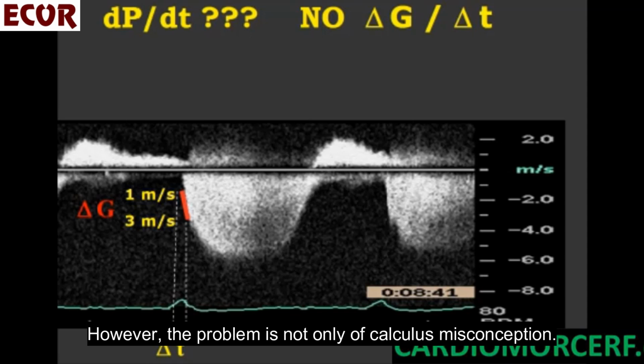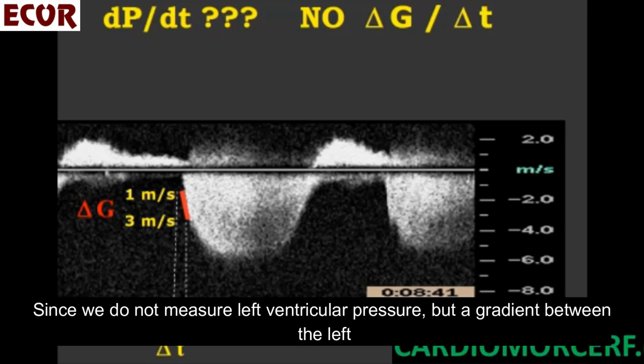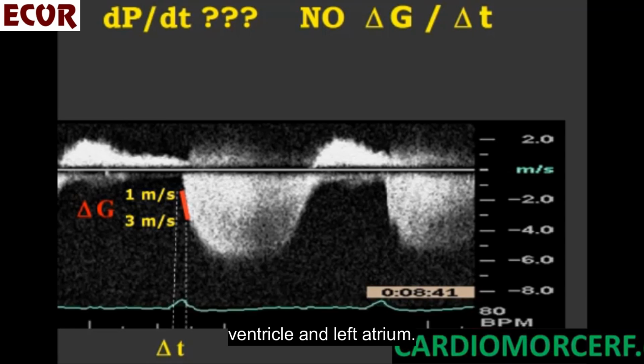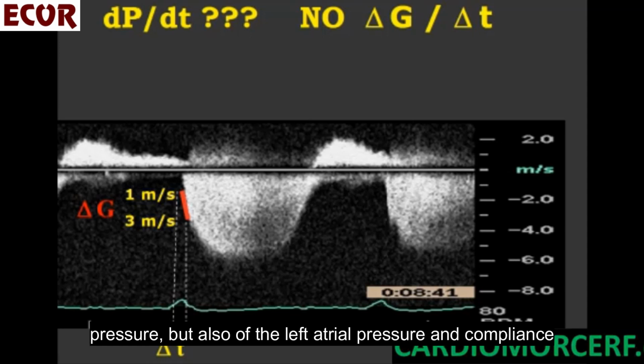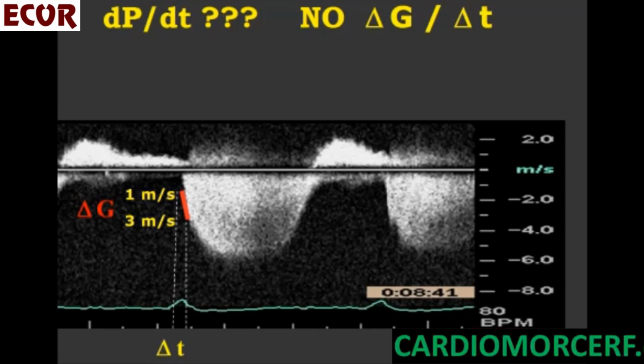However, the problem is not only of calculus misconception. Since we do not measure left ventricular pressure but a gradient between the left ventricle and the left atrium, the regurgitation curve is not solely dependent on the left ventricular pressure, but also on the left atrial pressure and compliance.